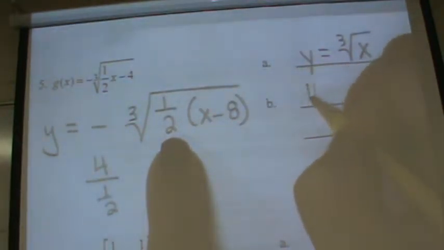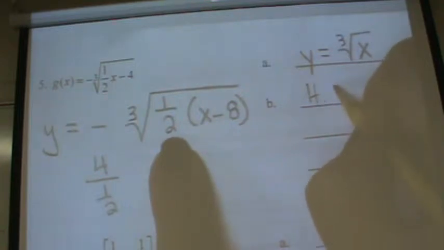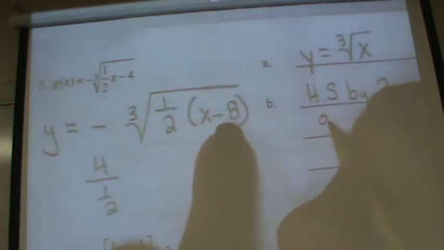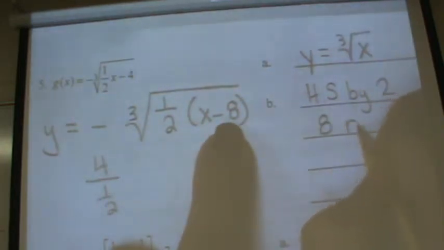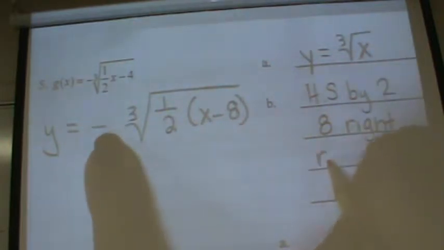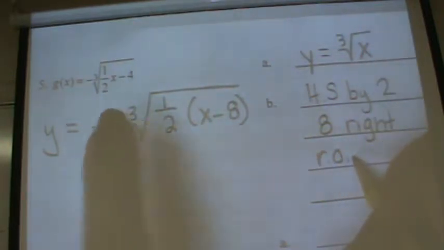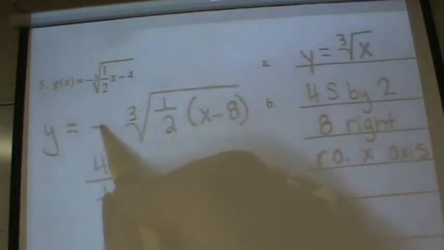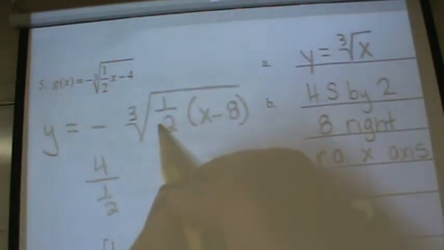This would be a horizontal stretch or compression. Stretch by a factor of 2. 8 units to the right. And one more thing, reflect over x. The outside one is a reflection over the x-axis, the inside is a reflection over the y.